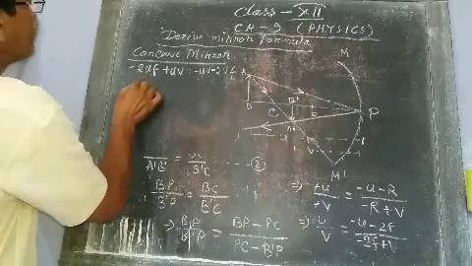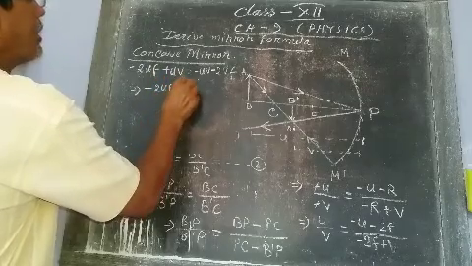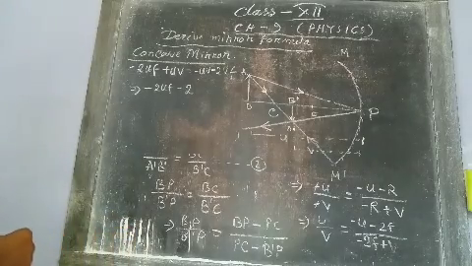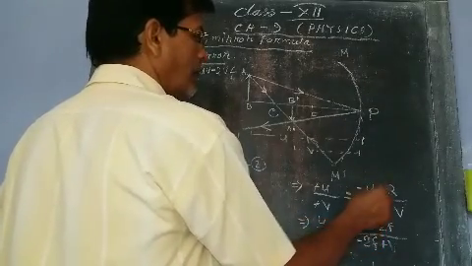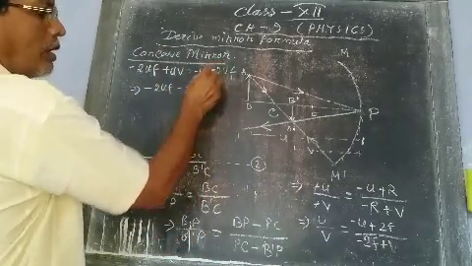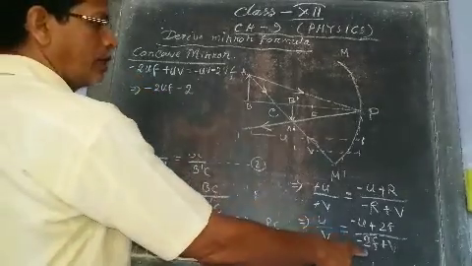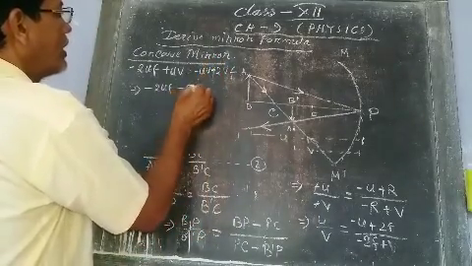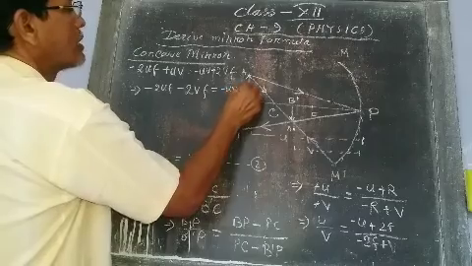So you take this to this side: minus twice uf, minus uv, minus uv.